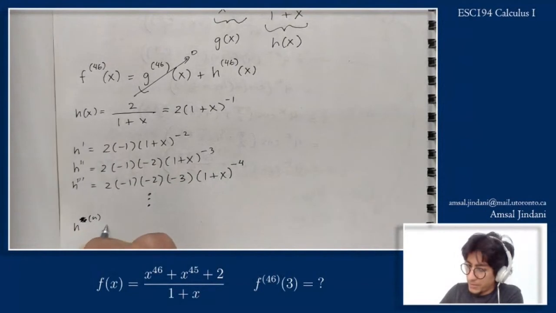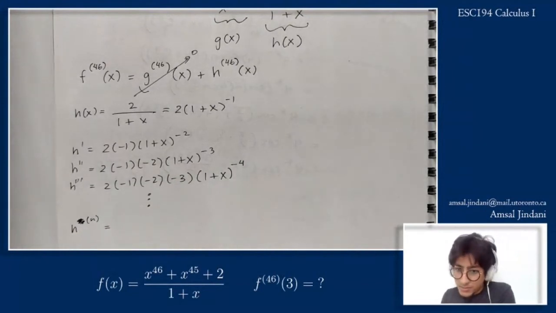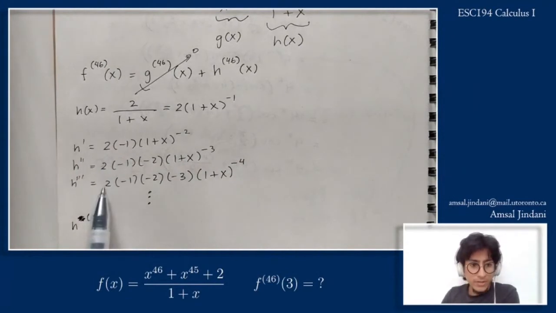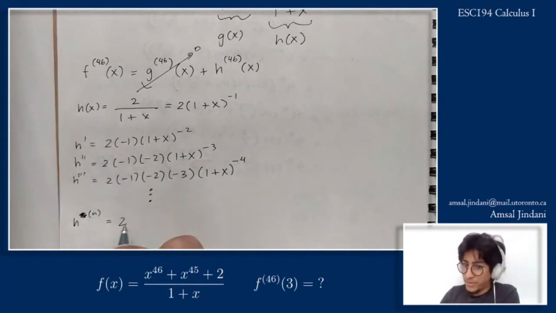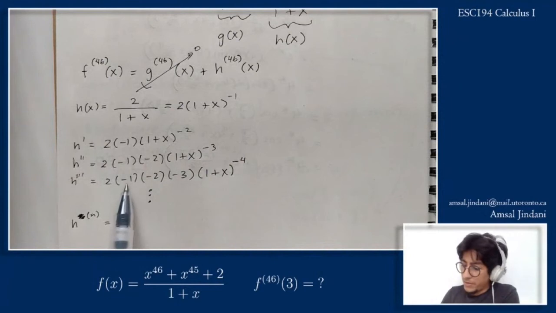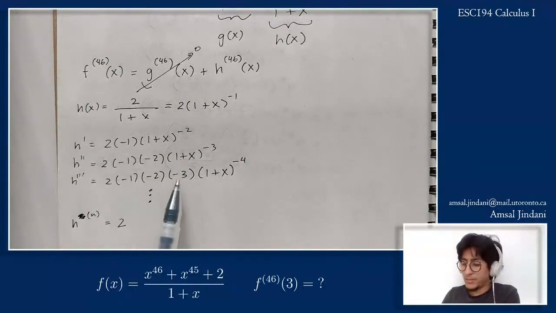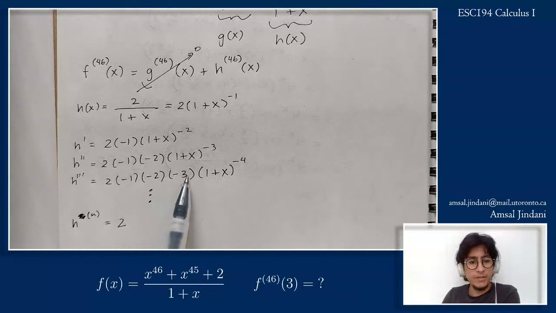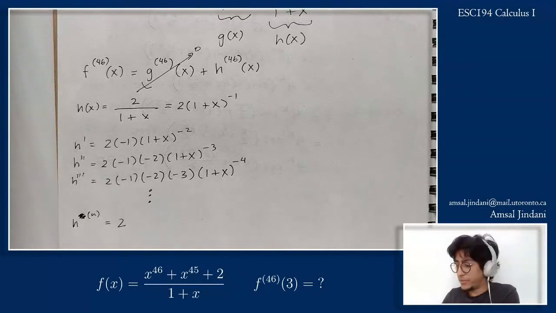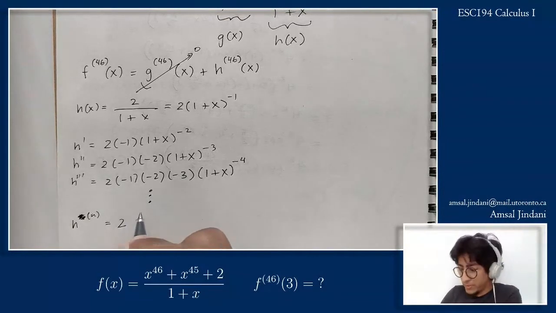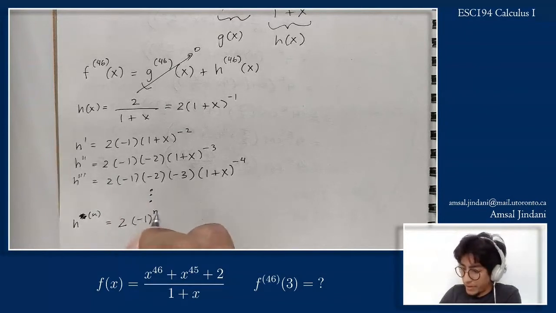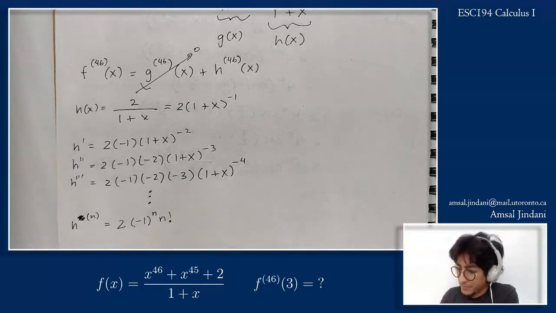Say that the nth derivative of this is, okay, yeah. So this 2 isn't going anywhere, so our nth derivative probably has a 2 in there. And then here we have a factorial expression, except the sign is flipping with every derivative. So the way we're going to achieve this is negative 1 to the power n times n factorial.